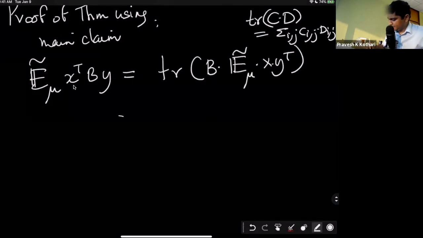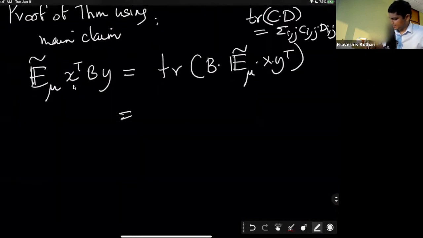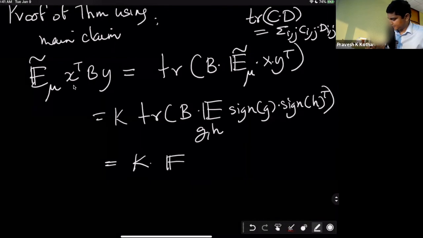Then, if we use the third part of the main claim here, we know that this in fact equals the trace of B times the expectation over G, H of sign of G sign of H transposed. And we need to have this scaling constant K. In particular, this equals K times the rounded value.